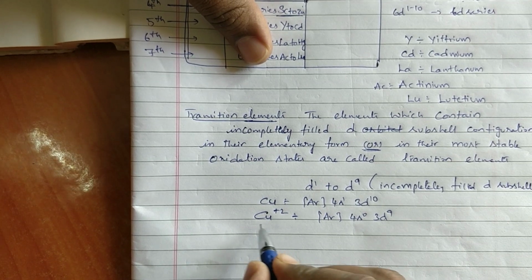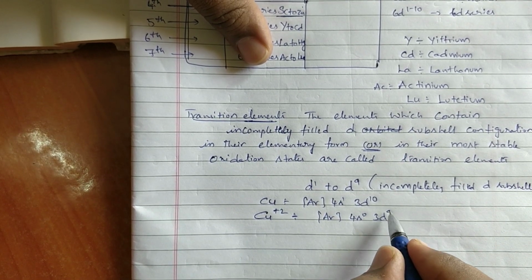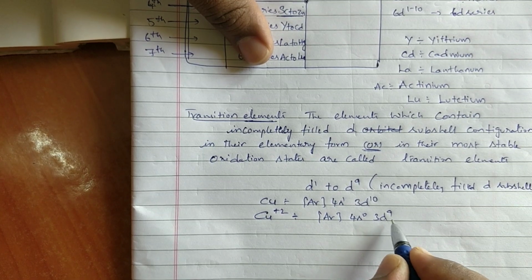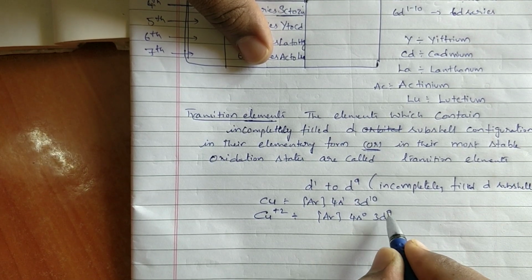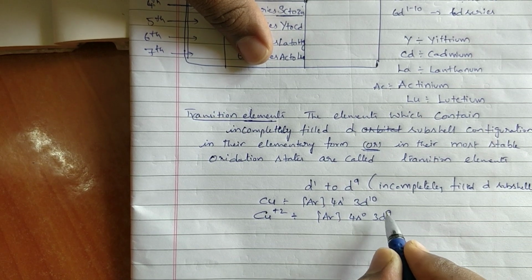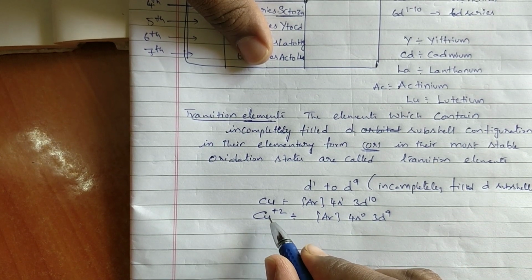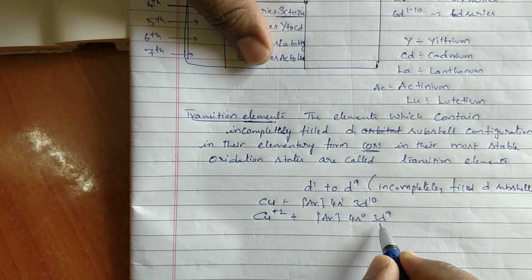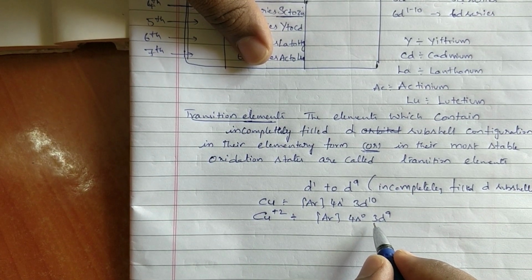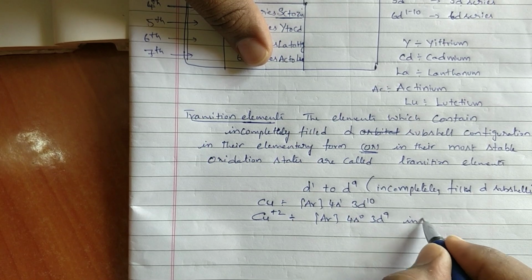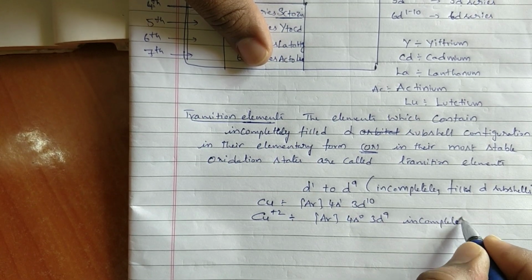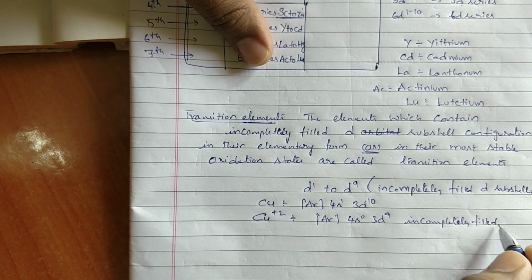Observe, in its stable oxidation state Cu+2 does not contain a completely filled D configuration. Completely filled means D10, but here it has 3d9. This is an incompletely filled D subshell.